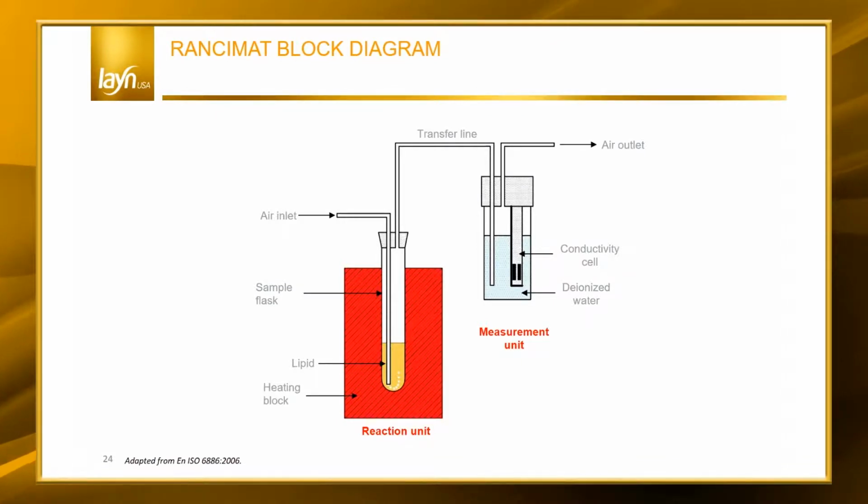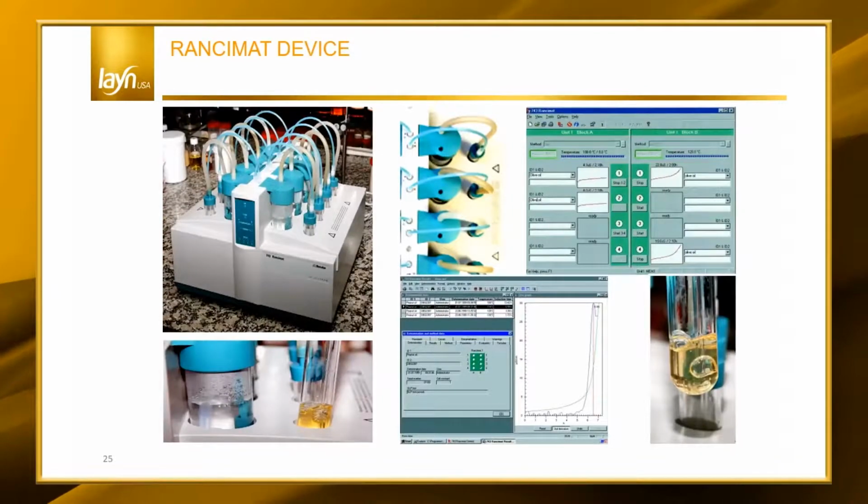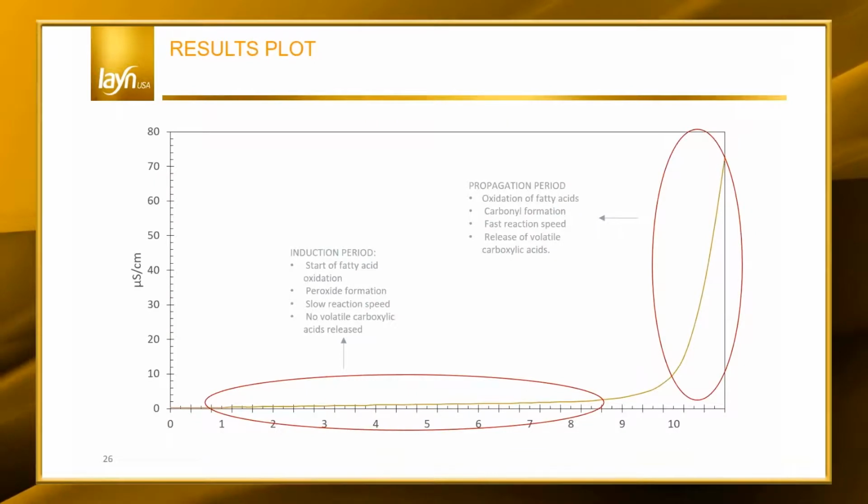The volatiles released from the fat are transferred to a measurement unit in which some deionized water is present. When the volatiles dissolve into water, water conductivity increases, and a conductivity cell detects this increase and plots it into a graph. These are some pictures of a regular Rancimat system, and this is the graph we have.